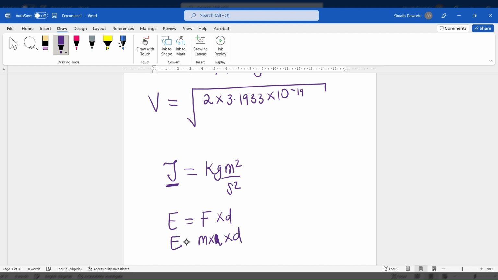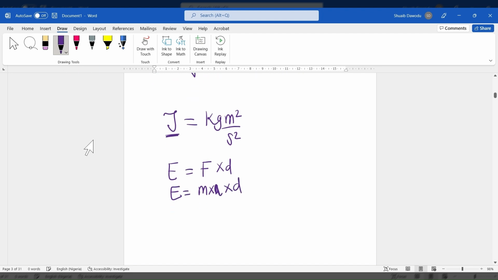So if you want to break down the units, you end up getting kilogram meters squared per second squared. The unit of mass is kilogram, the unit of acceleration is meter per second squared, and the unit of distance is simply meters. So that's how you get kilogram meter squared per second squared.